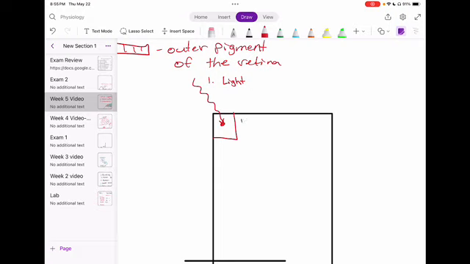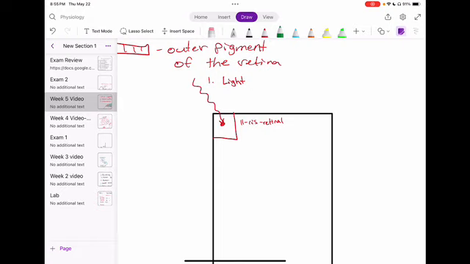What this is called is 11-cis retinol. And 11-cis retinol will go through a conformational change. It'll actually turn to 11-trans retinol when light hits it.